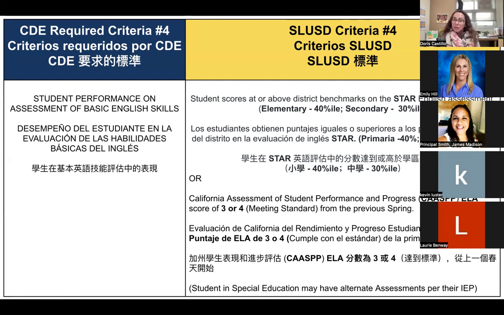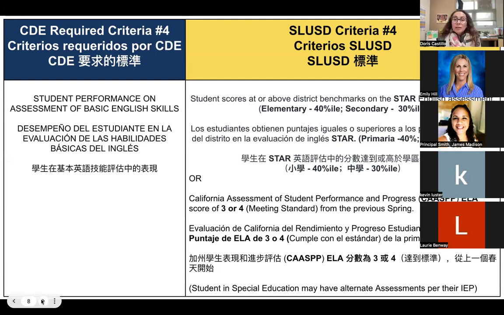So we added, and lots of districts add this, the STAR assessment. The STAR assessment, they take 3 times a year. Okay, and they take it in their classrooms, and kinder and first take an early literacy assessment, and 2nd, 3rd, 4th, and 5th take a reading assessment. Actually, let me see here.